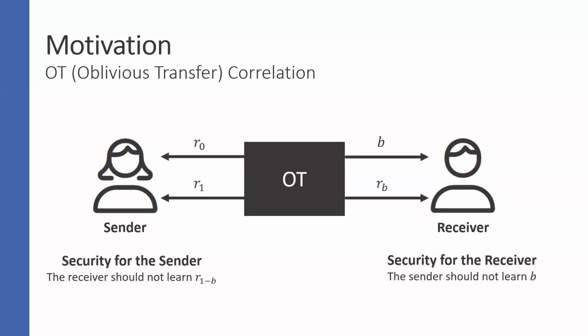Using techniques like OT extension, which take a small amount of OT correlations and generate a lot of OT correlations from them, they are very cheap to generate. While this correlation is universal, in the sense that it is computationally sufficient to compute any function, sometimes it is more efficient to use a specially crafted correlation for the specific function that you are trying to evaluate. This can really make the online protocol much more efficient.